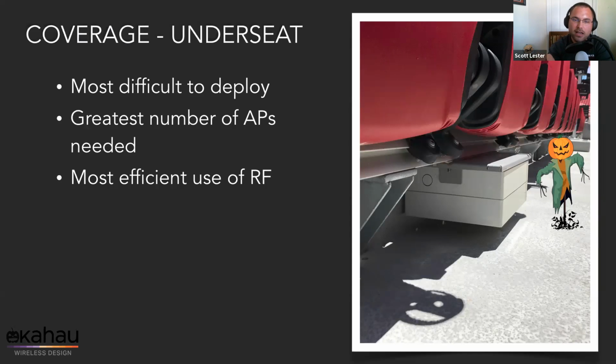But we're essentially shooting at each other, and it's very difficult, especially in some venues, to control that cell size so that you get crisp edges and avoid the overlap that can cause issues with device roaming, with devices asking, which AP do I want to connect to? Do I want to connect to this one? Do I want to connect to this one? In most cases, if we're looking at an office building, for instance, a generic Wi-Fi deployment, I'm not as particularly concerned with which AP a device is connected to.